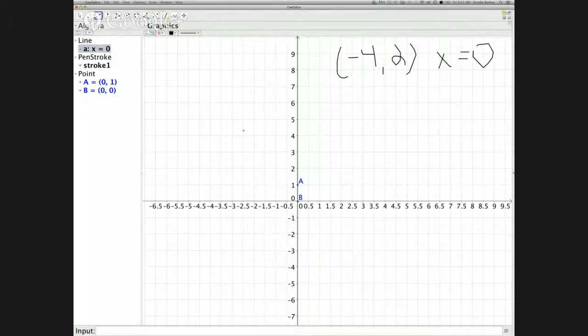And I want to be perpendicular to that, which means I have an opposite reciprocal slope. Well, the opposite of 0 is 0. There is no negative 0. So my new slope needs to be the opposite of 0 over 1. Oh, I'm sorry, guys. x equals 0. Remember, that's a vertical line. So we already had something over 0. Now, that something, we don't know where it's at.